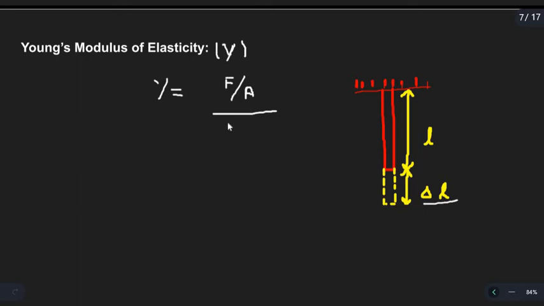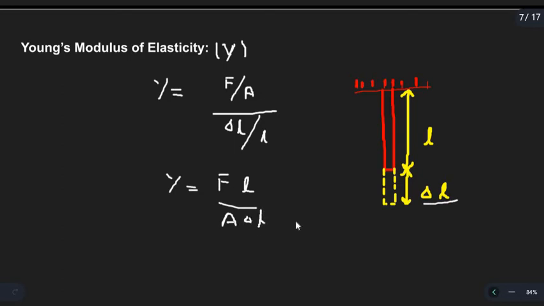The change in dimension is del L, and the original dimension was L. So this is your Young's modulus. We can rearrange and write Y as F into L upon A into del L.